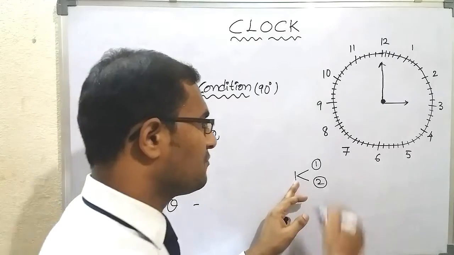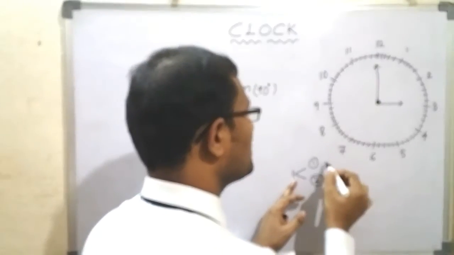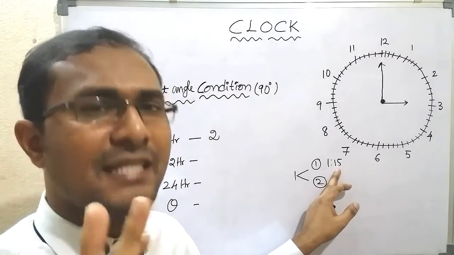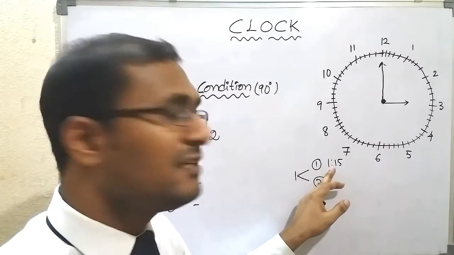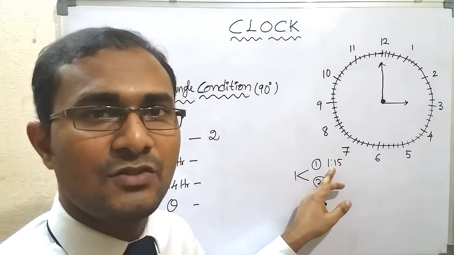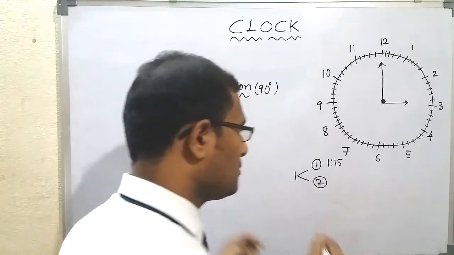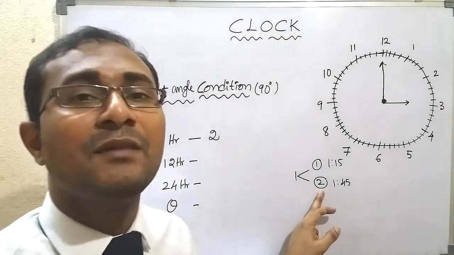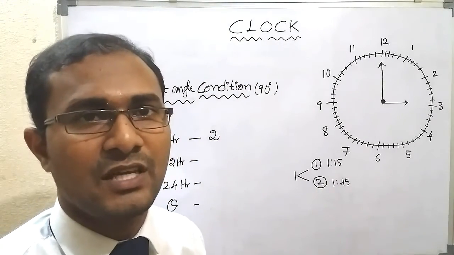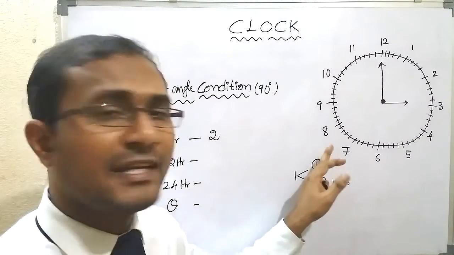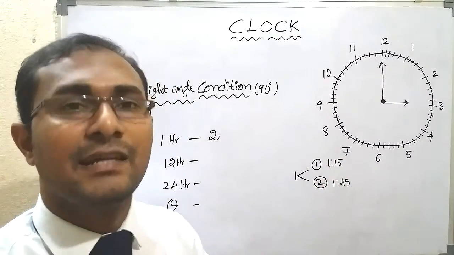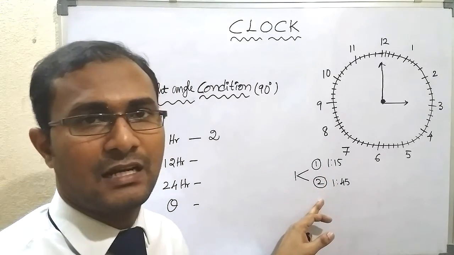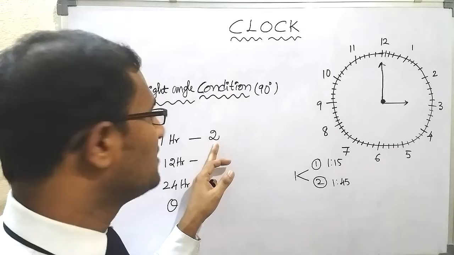Then at 1:45 the second right angle condition may take place. So at two different intervals, two different right angle conditions take place. That's the meaning of this two.